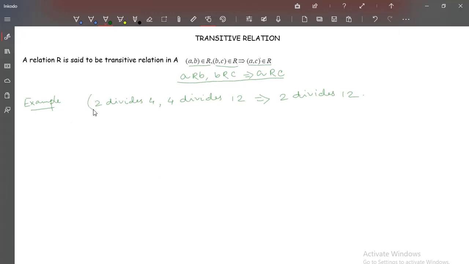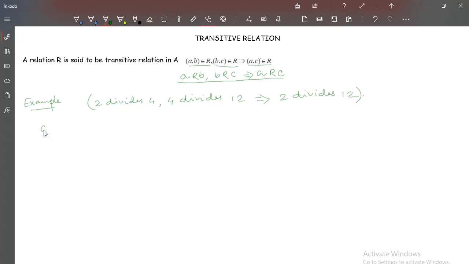Now, this is a very fundamental fact we know from our previous knowledge. Let us convert it into this new frame. Let us define one relation in the set of natural numbers, that divides.